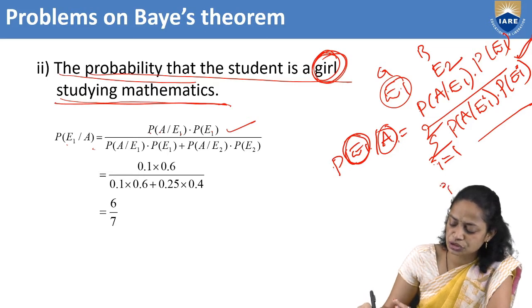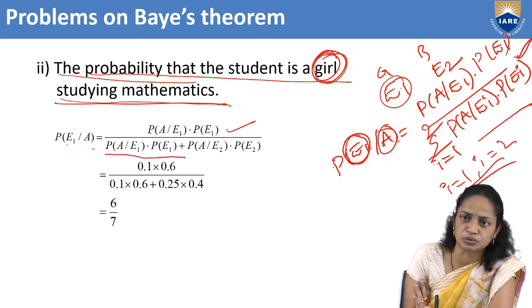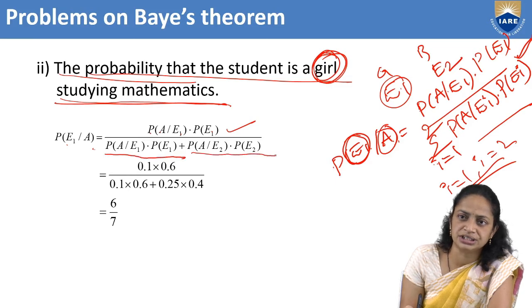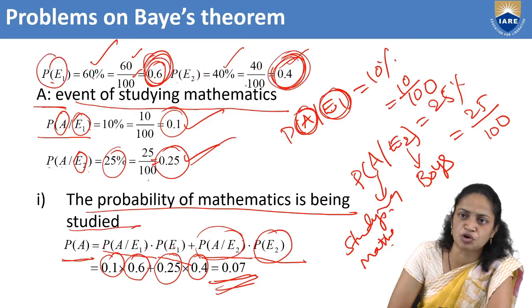Substituting i equal to 1 and i equal to 2, we get probability of A given E1 into P of E1 plus probability of A given E2 into P of E2. We know that probability of E1 is 0.6 and probability of E2 is 0.4.